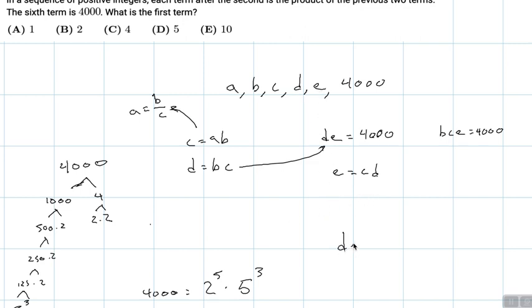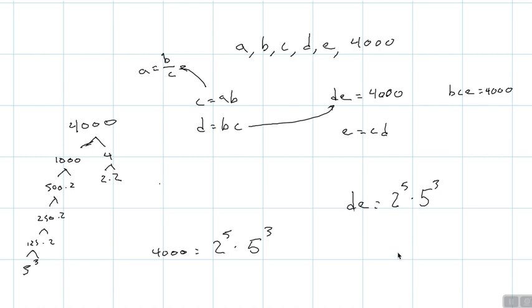So it's got to be true that D times E is equal to 2 to the fifth times 5 to the third. And E is obviously bigger than D.